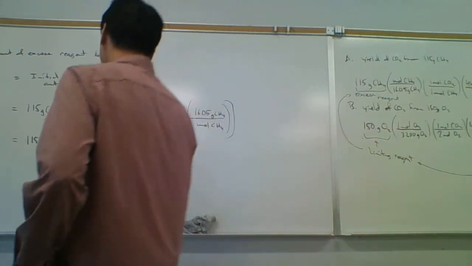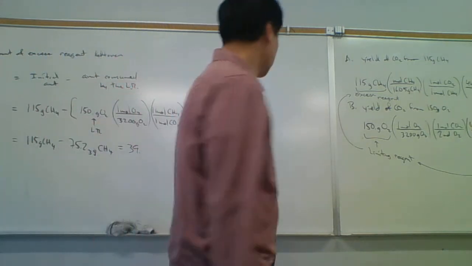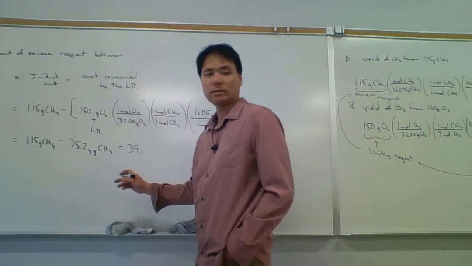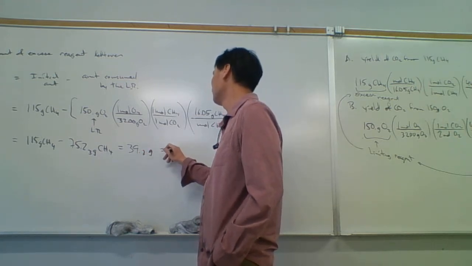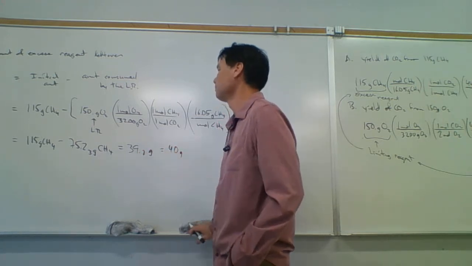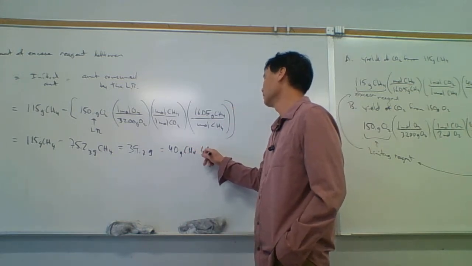So it looks like we're going to have 39 point, actually we're only allowed one decimal place, so 39.7 grams, or about 40 grams unreacted, 40 grams of methane left over.